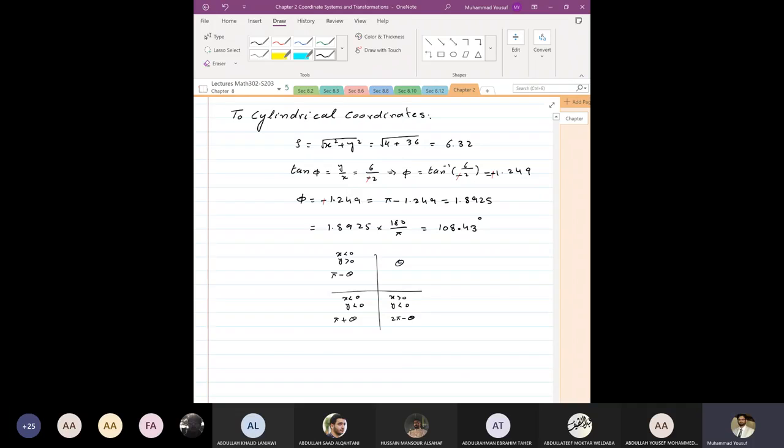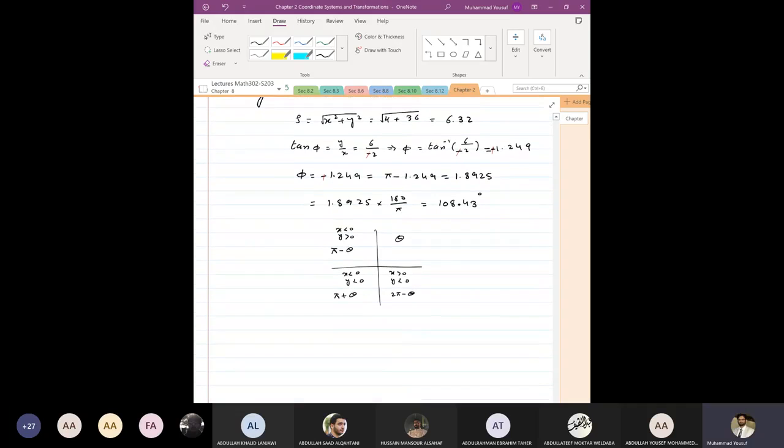You need to remember this from calculus, how we get the actual angle in different quadrants. X positive, y positive, same angle. X negative, y positive, pi minus theta. X negative, y negative, pi plus theta. X positive but y negative, 2 pi minus theta. So this is what we are doing here.